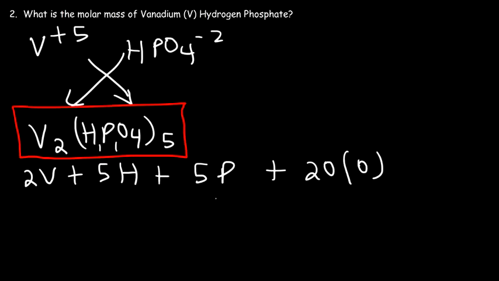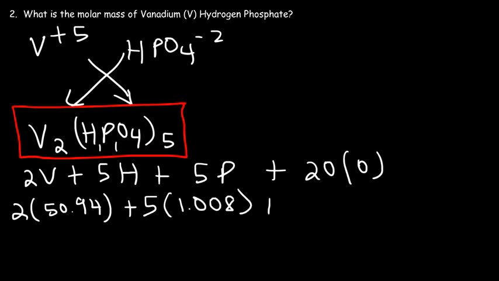Now let's look up vanadium in the periodic table. Vanadium has an atomic mass of 50.94. Hydrogen is 1.008. Phosphorus, 30.97. And oxygen, 16.